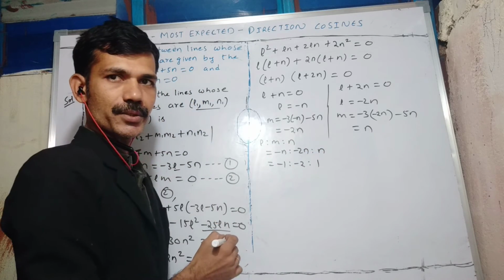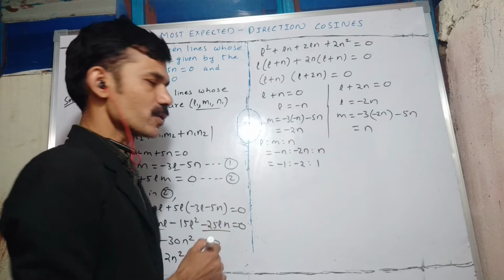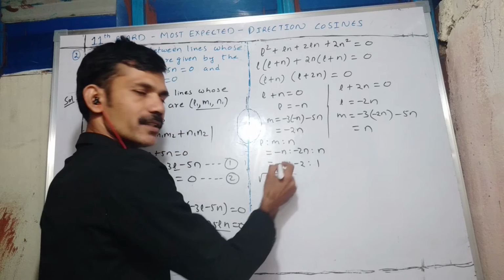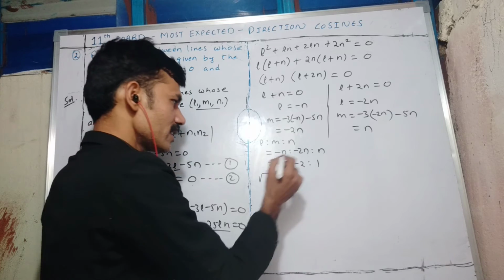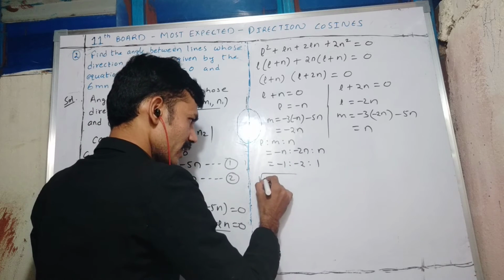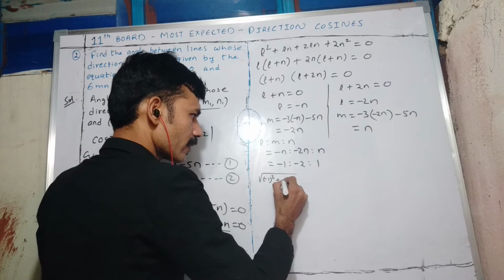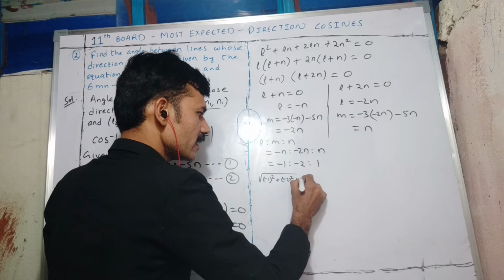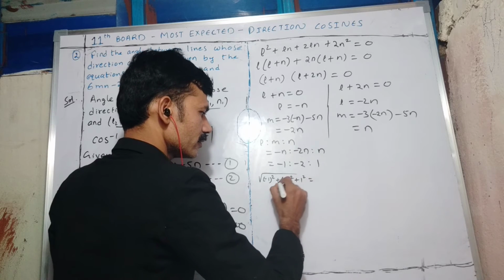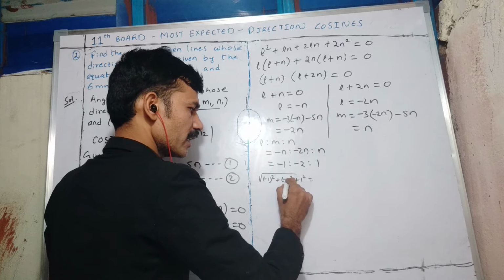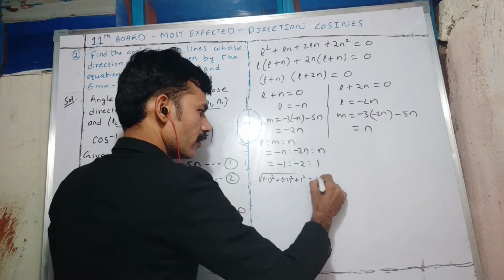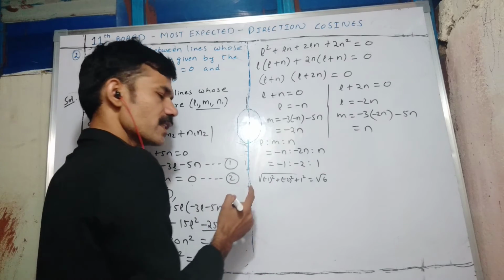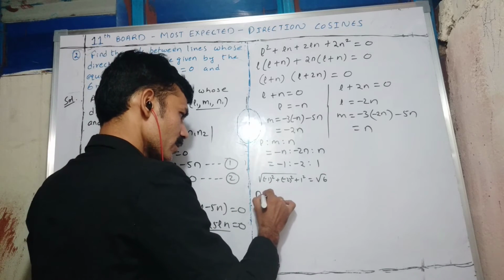From direction ratios we can find direction cosines by dividing with the square root of a square plus b square plus c square. That is minus 1 whole square plus minus 2 whole square plus 1 square, which is 1 plus 4 plus 1, so the total is root 6. We divide with root 6 to find the direction cosines.